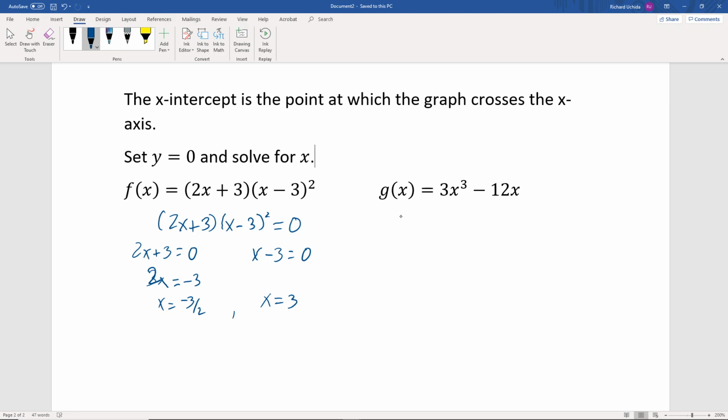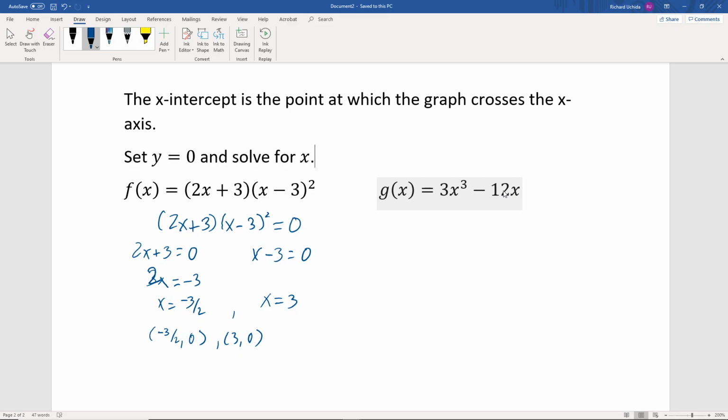What this tells us is that the two x-intercepts for the graph of this polynomial function are at the points (negative 3 halves, 0) and (3, 0). Sometimes the polynomial function may not be factored, and many times that will be the case. So you do have to remember how to factor polynomials.